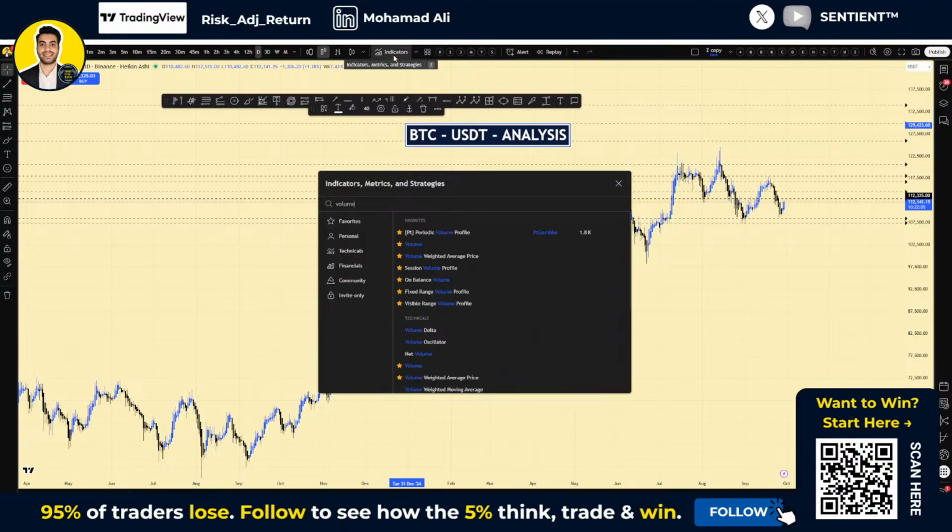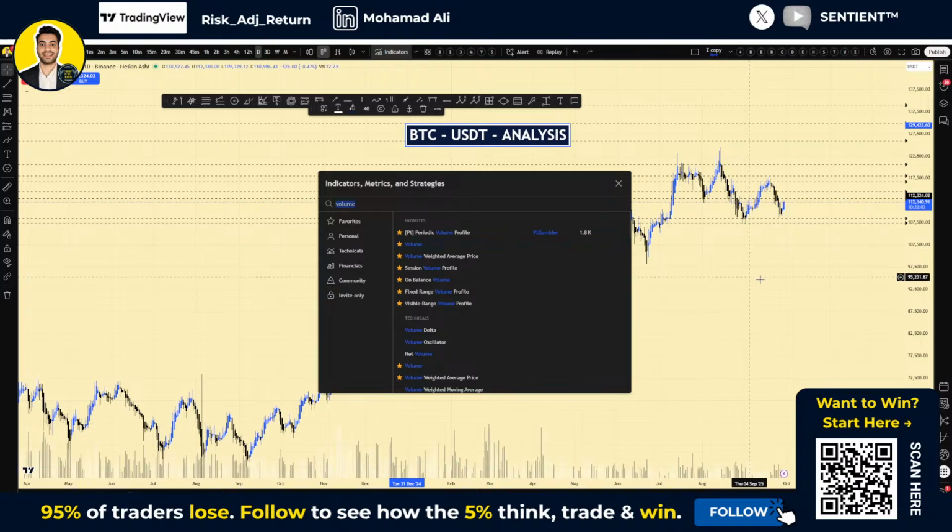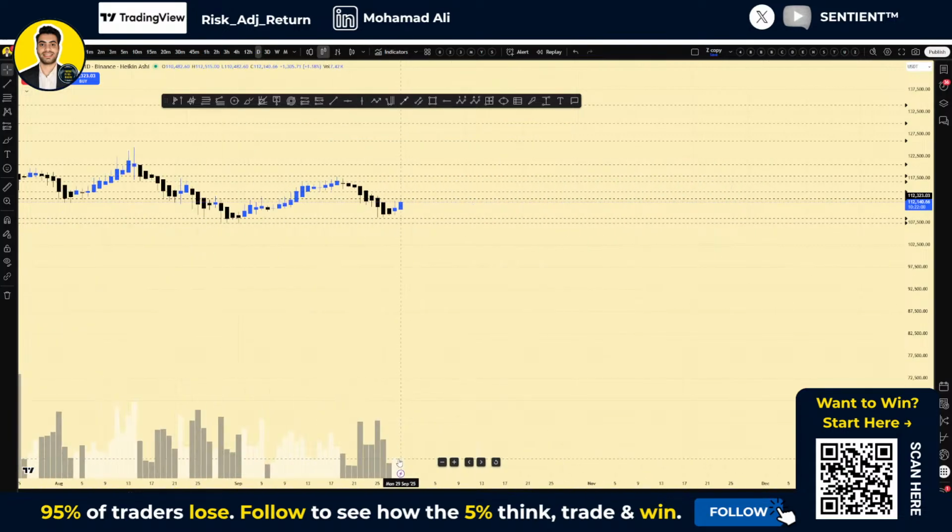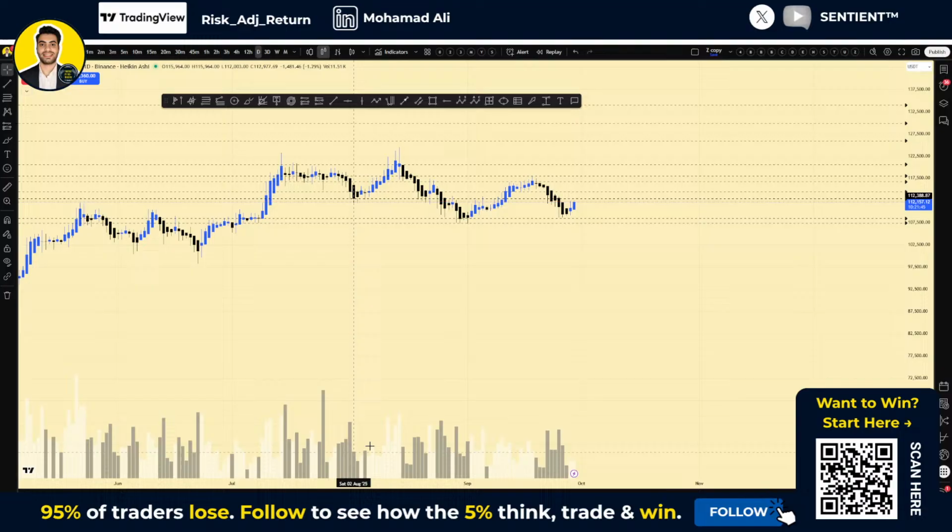So I'm going to add the volume candles to our chart. Down below you see the volume. The dark ones mean red, more sells happening than buys. The white ones mean more buys happening than sells.